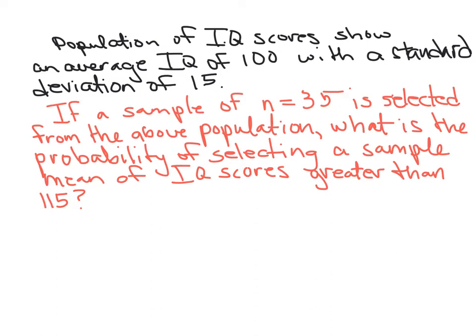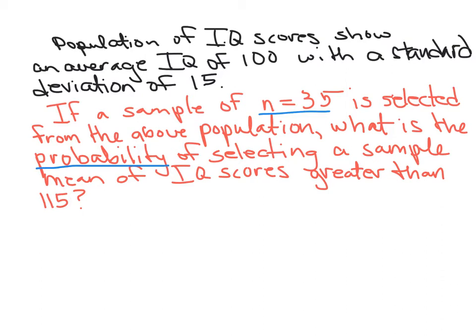And we have another question based on the same information from the population, but now we have a sample of 35, and we're asking what is the probability of selecting a sample mean of IQ scores greater than 115. Now this is a little different. So we have our sample size, and it's asking what is the probability.